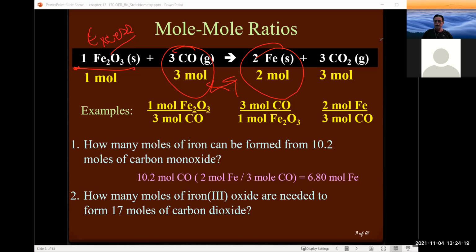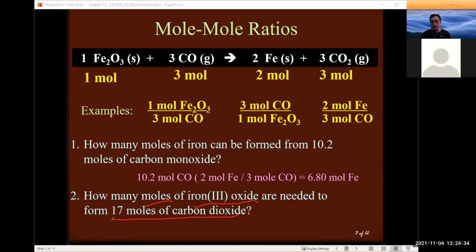Let's take another example. Here it says, how many moles of iron 3 oxide are needed to form 17 moles of carbon dioxide? And so let's go to our equation. We are dealing with iron 3 oxide and carbon dioxide.